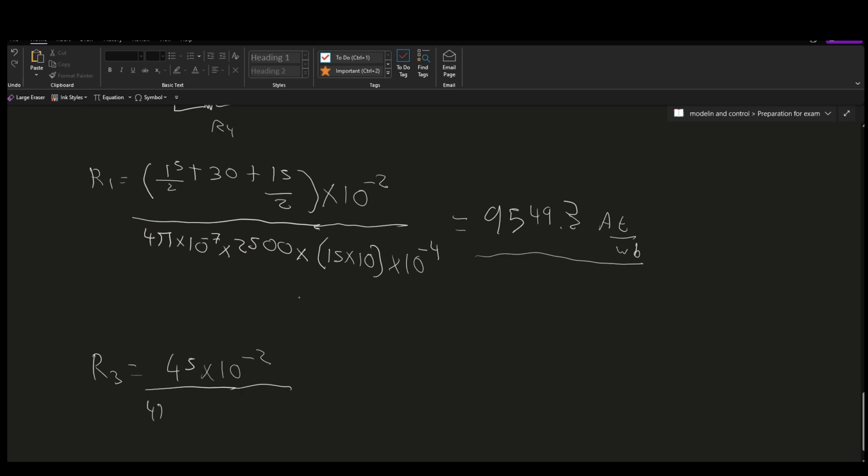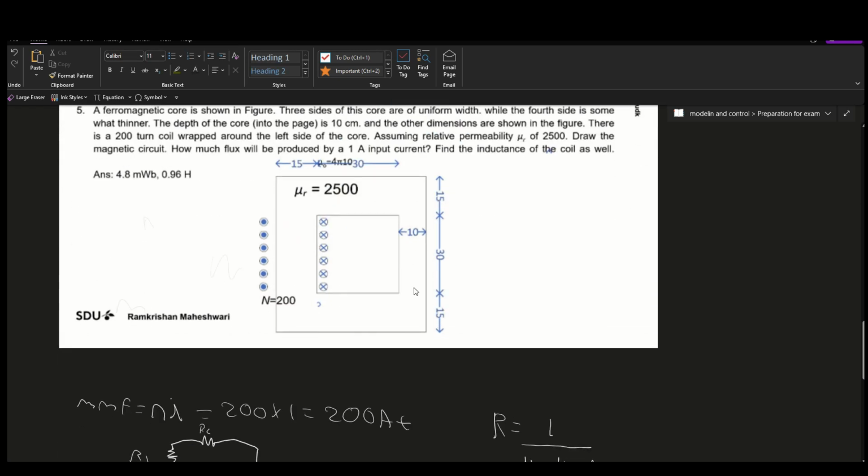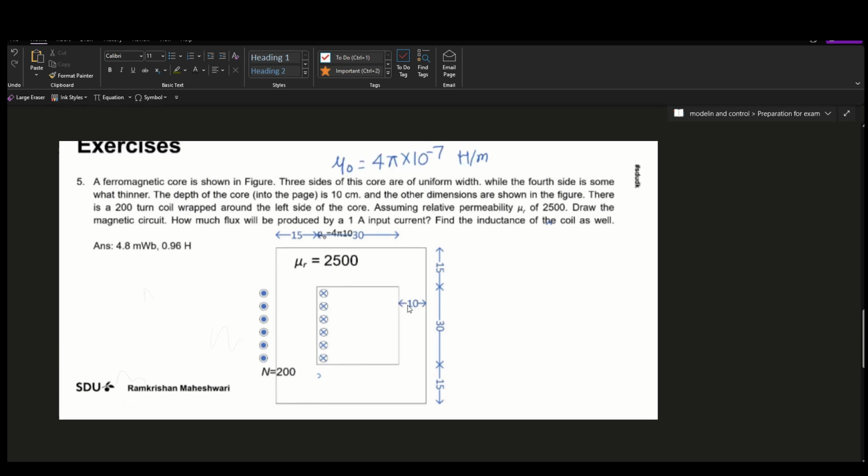The permeability of air is gonna be the same. The permeability of the core is the same, but this time instead of 15 here, the distance is just 10.